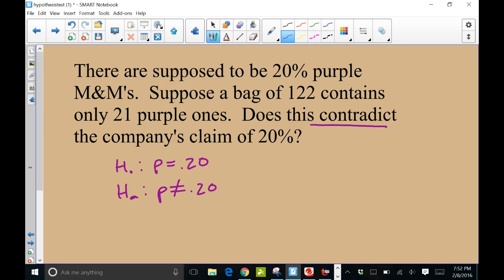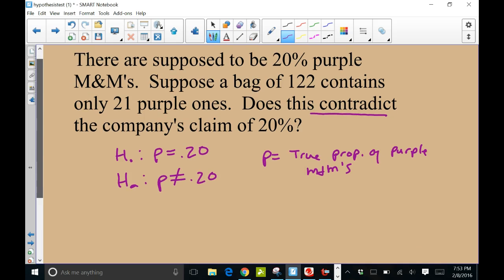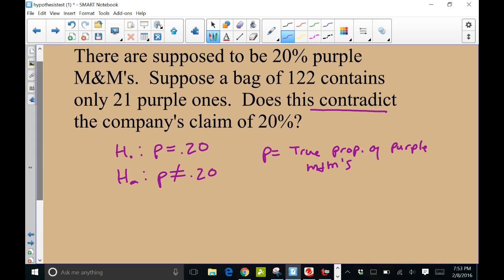Right? We don't know what P is. P is the true proportion of purple M&Ms. You always have to define your parameter. And remember, our test is always believing that the null is true, so we're going to use that true parameter until we find out otherwise.